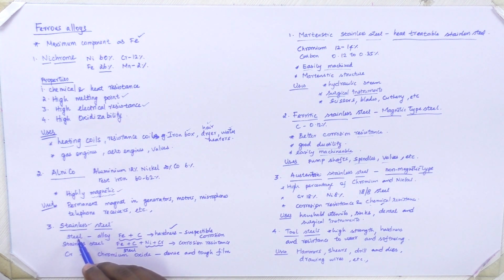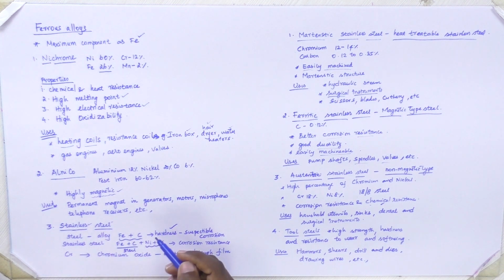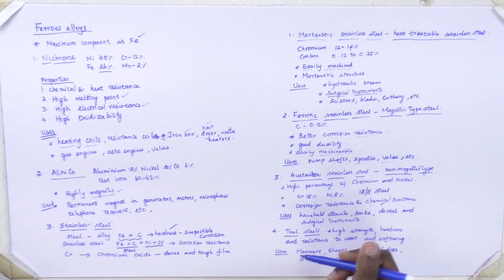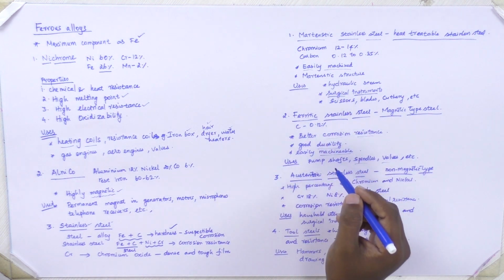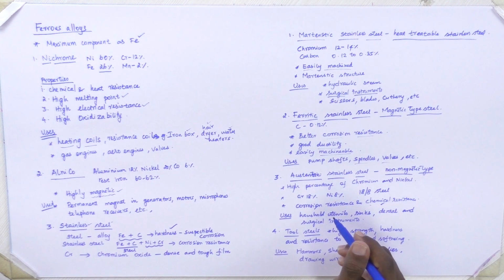When the steel combines with nickel and chromium, it imparts the corrosion resistance property, and as a result this steel is corrosion free, or we can say the iron is corrosion free. And it has 3 or 4 different types. Each type has its own significance based on the composition present in each.